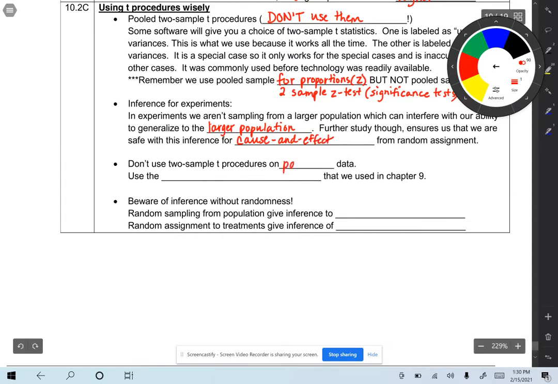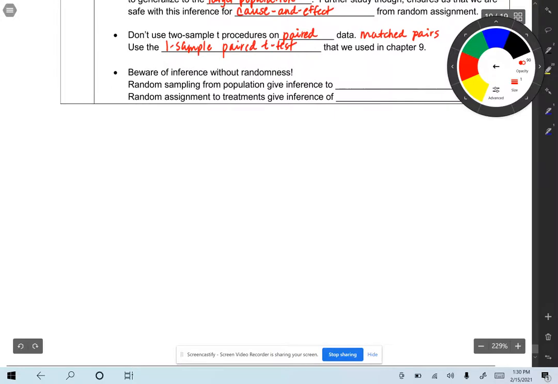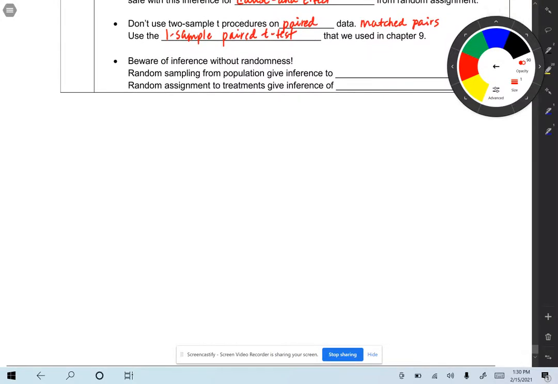Don't use two-sample t-procedures on paired data. Remember, paired data we had when we had matched pairs. For matched pairs, we would use the one-sample paired t-test that we used in Chapter 9, and that's one where you graph the differences. So paired data comes from the same individual or similar individuals.